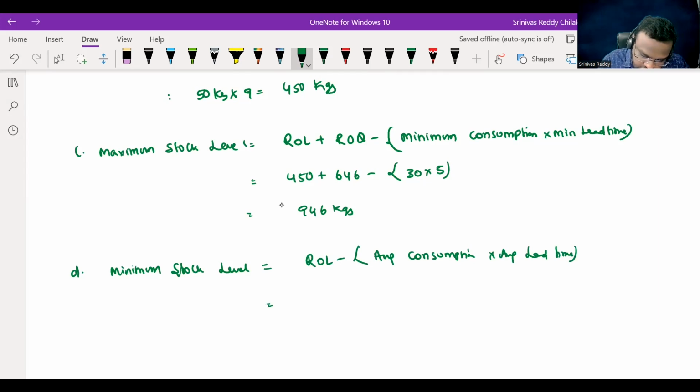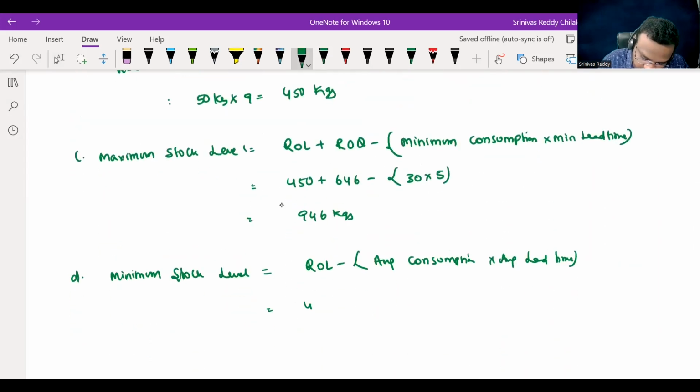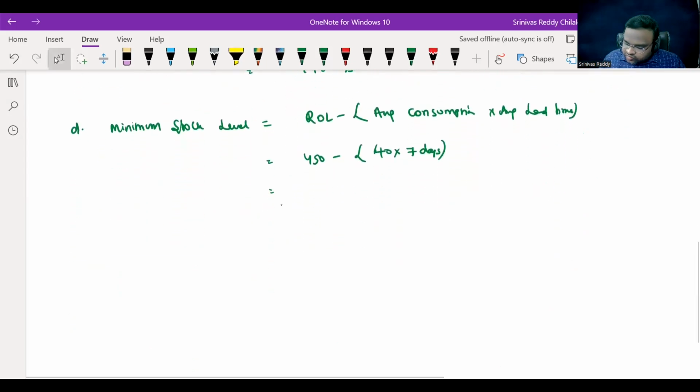How much are we getting as reorder level? 450 minus 40 kgs into, what is the lead time? 5 plus 9 divided by 2, 14 divided by 2. So 7 days. 40 into 7, 280, minus 450, which is equal to 170 kgs.